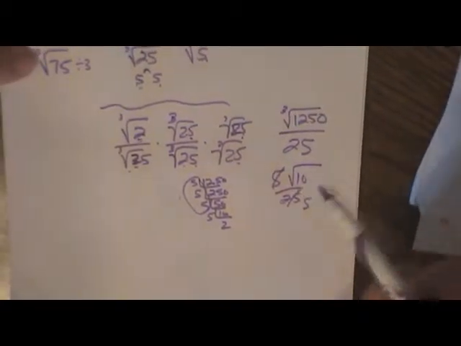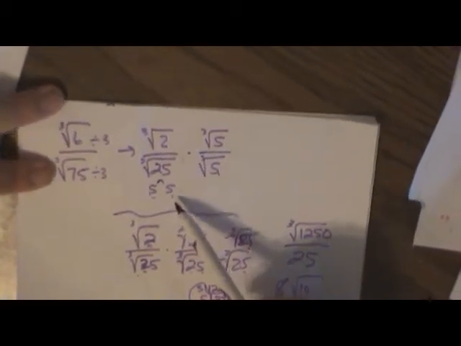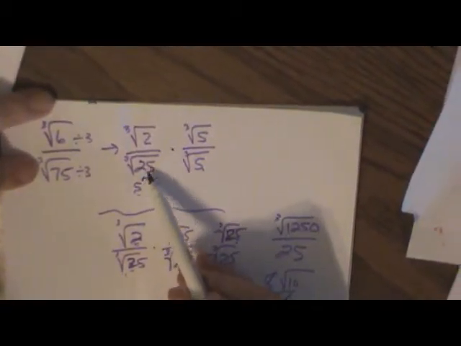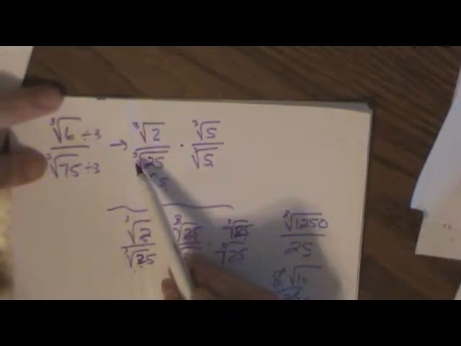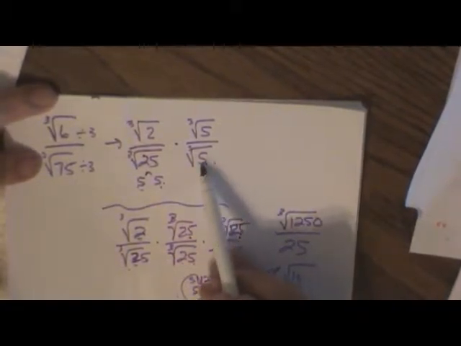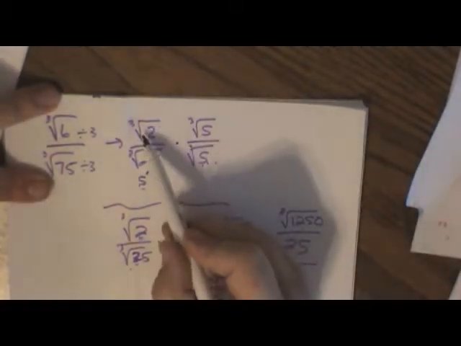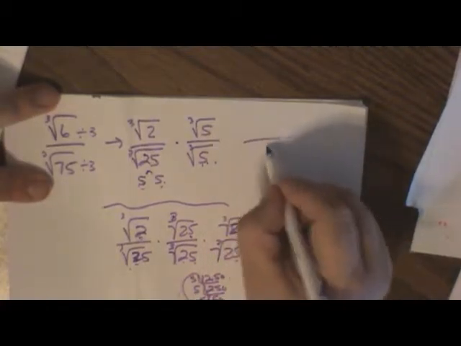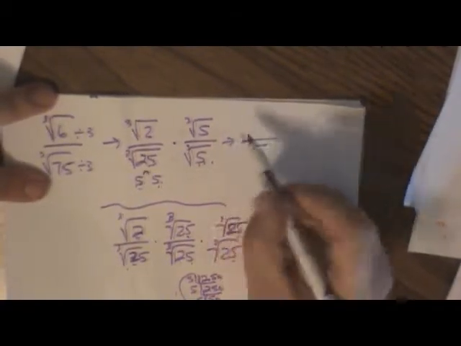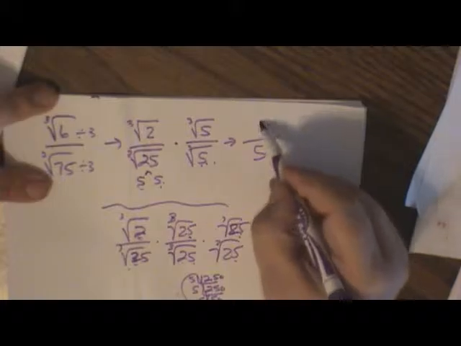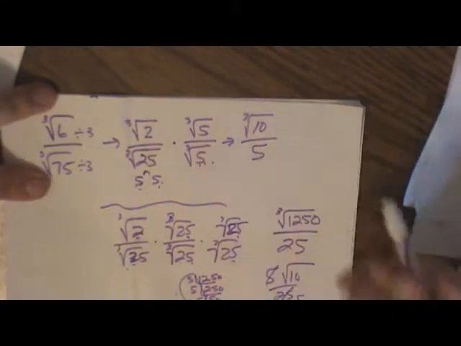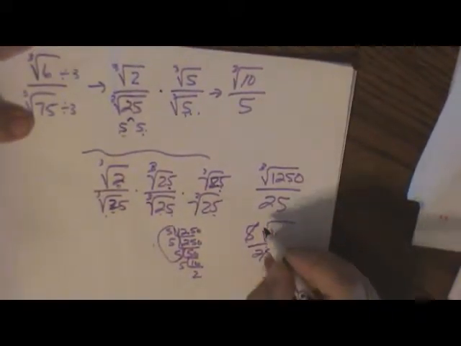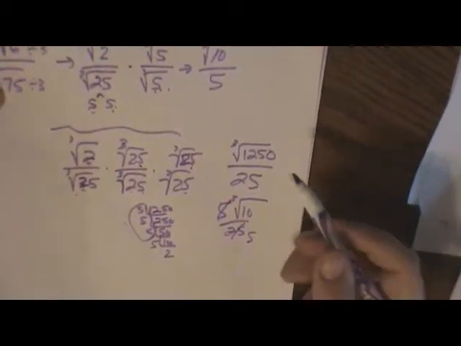Well, that was a long, hard way, and if you had recognized up here like I showed you, that 25 is actually 5 times 5, and since we need 3, we could have multiplied by just one more 5, which would have given us a 5 on the bottom. And then 2 times 5 is 10, and it's all in a cubed root. And as you can see, I forgot my cube root down here on the bottom.